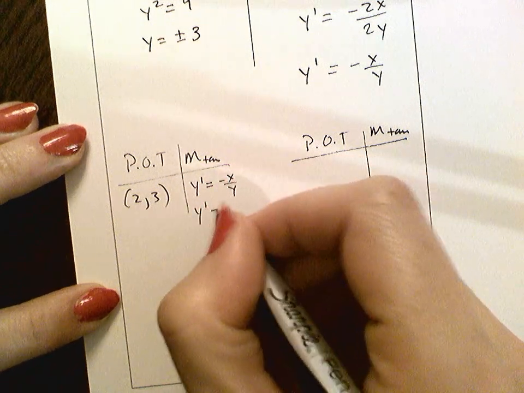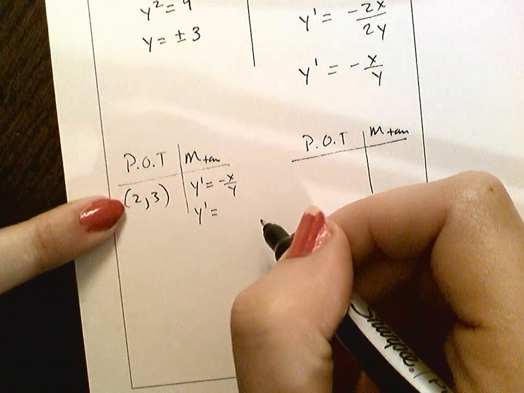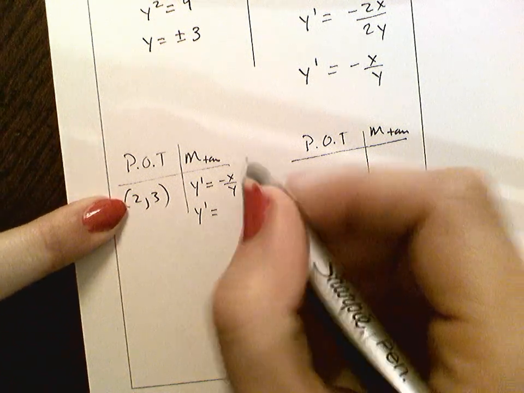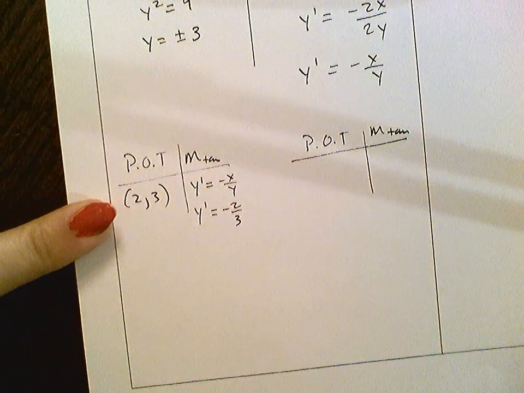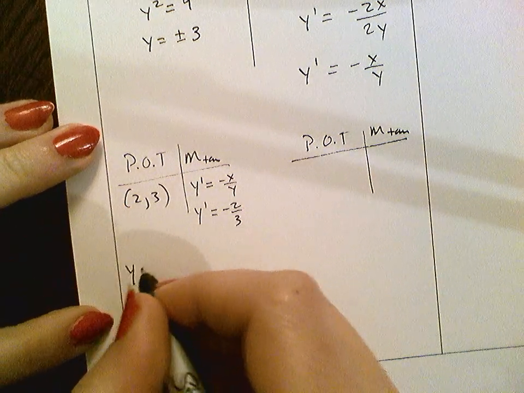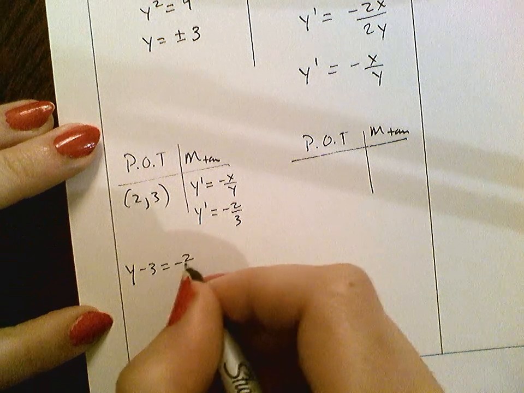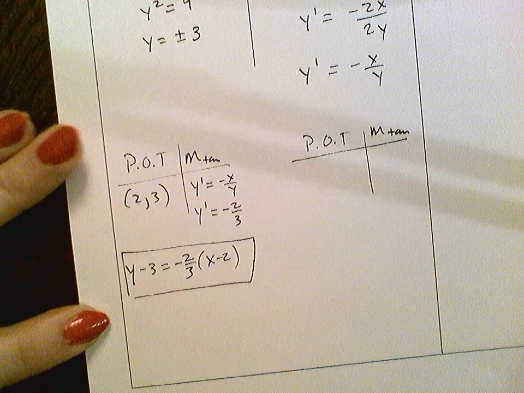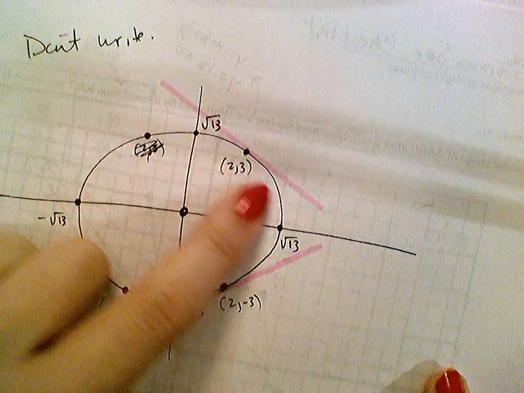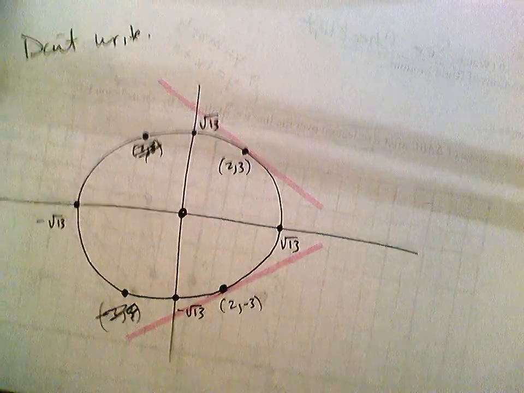So y prime is equal to, at this point, negative 2/3. And then I can just go y minus 3 equals negative 2/3 times (x minus 2). And that would be the equation of this tangent line.